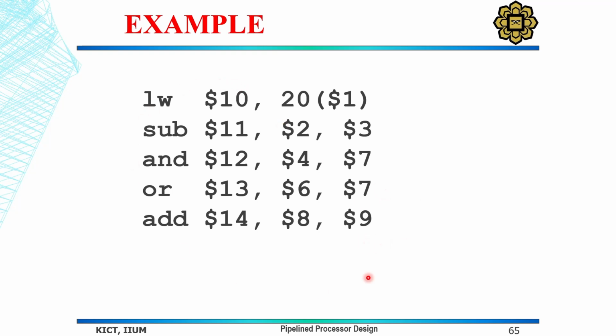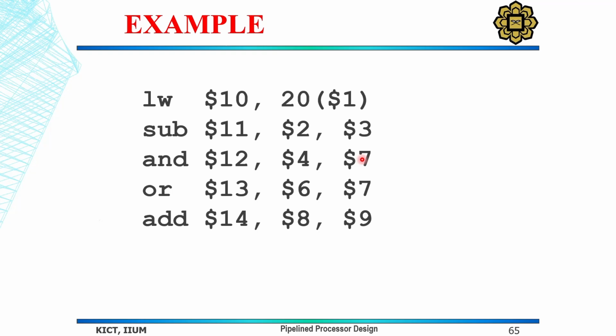Because it has mixed instruction types: it includes the load word, which accesses the memory, and the R-type instructions, which are subtract, AND, OR and add. There are no dependencies, since each instruction uses different registers, so no data hazards are there. It is ideal for learning the basic pipeline behavior for independent instructions.